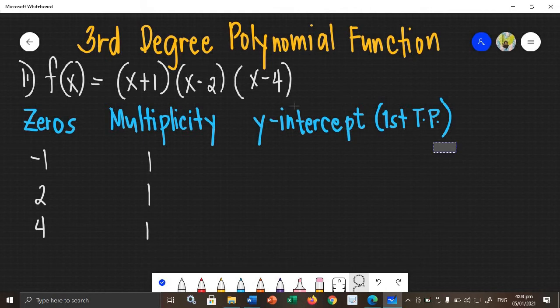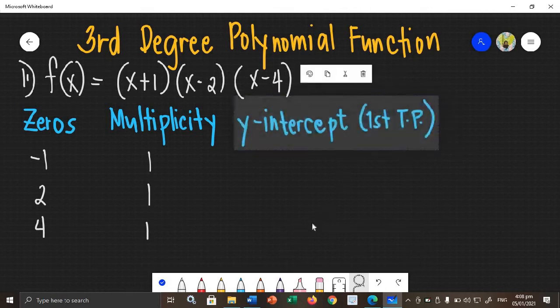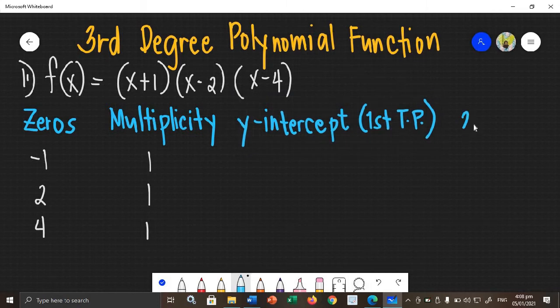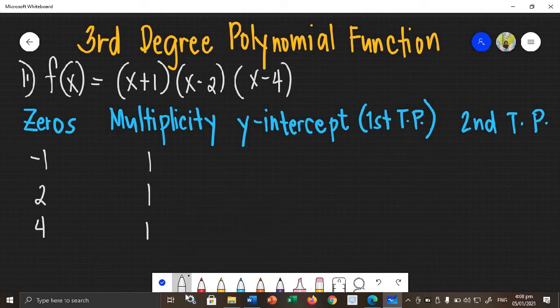Kasi we have, how many turning points? We have 2 turning points. Kasi this is a third degree function. Okay, so how can we solve the Y-intercept or the first turning point of the graph?